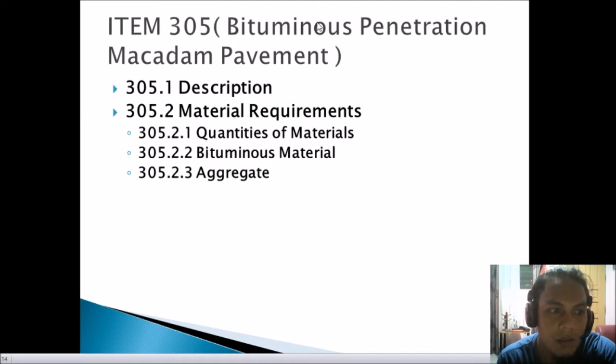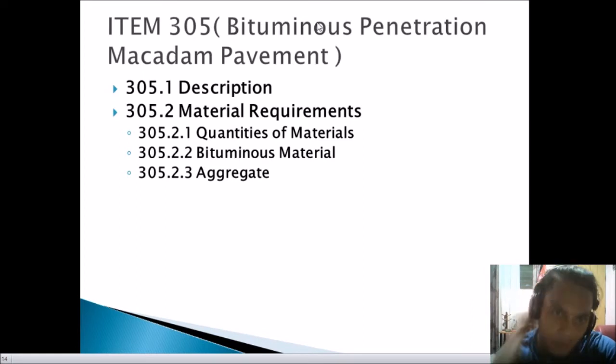Description: this item shall consist of furnishing and placing one or more courses of graded aggregates and one or more applications of bituminous materials, followed by a seal coat with cover aggregates, constructed on a prepared base in accordance with these specifications and in conformity with the lines, grades, and typical cross-section shown in the plans.